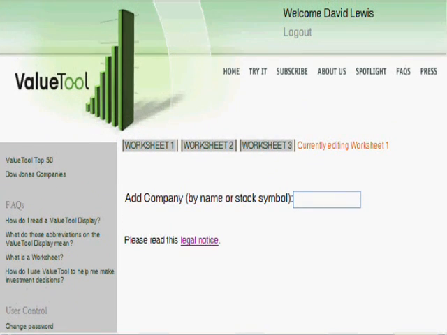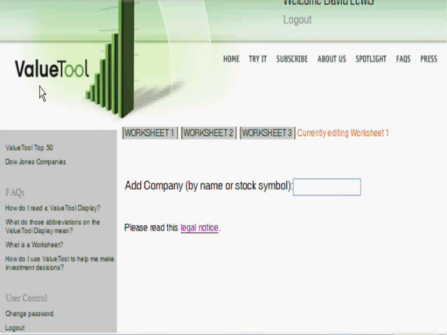Here is what you see when you sign up for the ValueTool software. When you log in, this is the screen that you will see, and you have a number of different options, worksheets that you can display, and several different stocks you can compare at the same time. What ValueTool will do is basically automate the process of value investing.